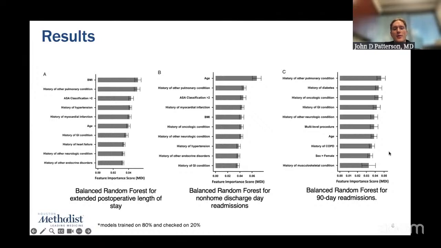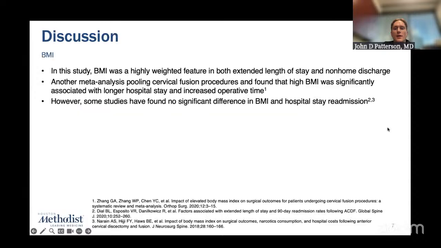There was another paper within the last couple of years that looked at ACDFs as well, but their area under the curve wasn't quite as good as this paper, because they had a much lower seed number.